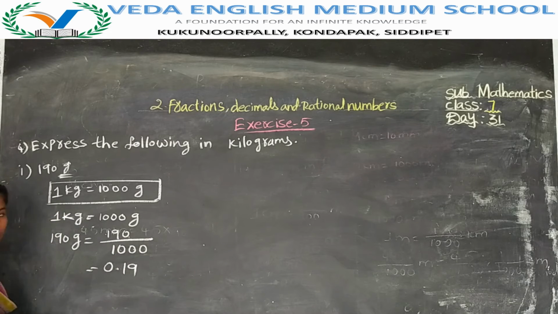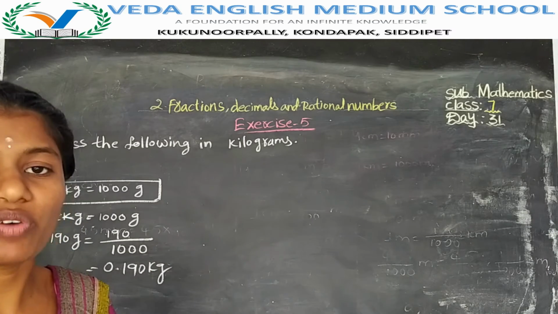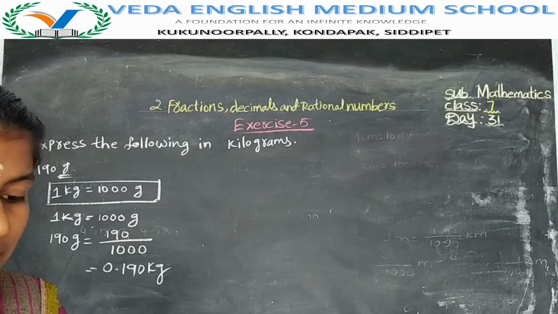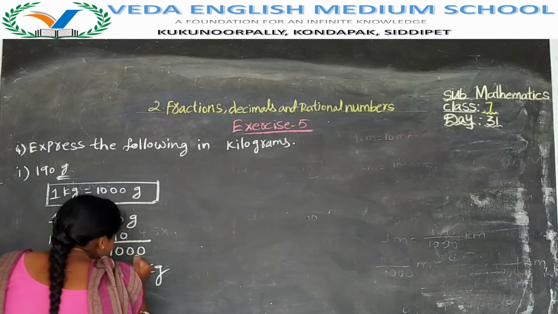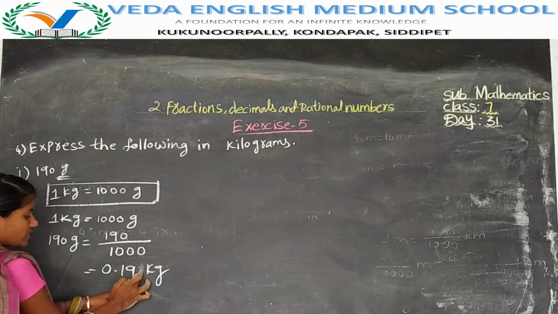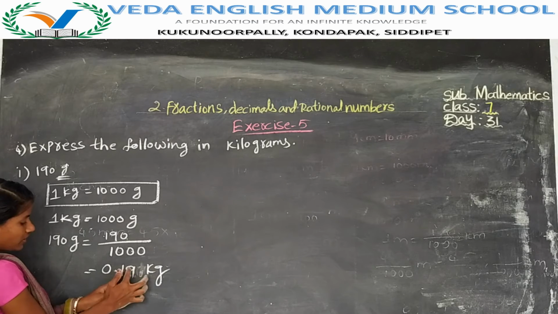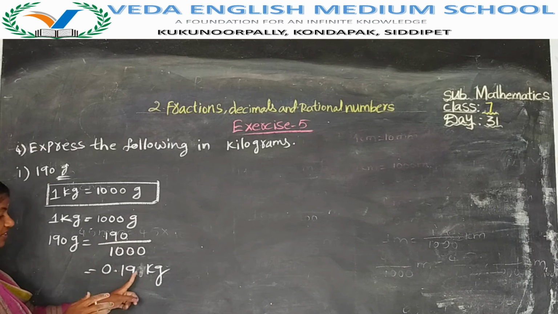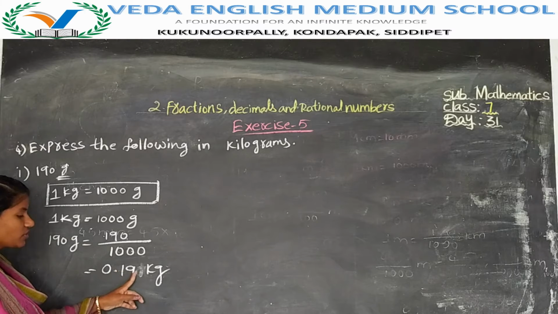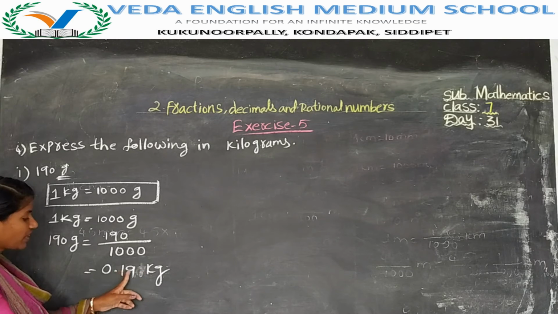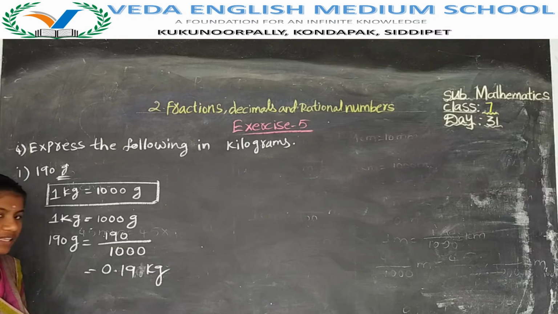After the 19 there is no other digit, only 0. If there were a digit after that 0, you could say 0.1901 kilograms. But after 19 there is only 0, and after the point there is no value for it. So it is 0.19 kgs.